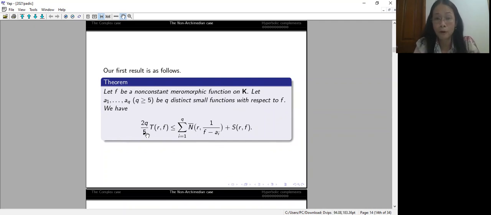So remember, for the constants being p-adic numbers, here it is q minus 1 or q minus 2. So this is a little bit smaller here.